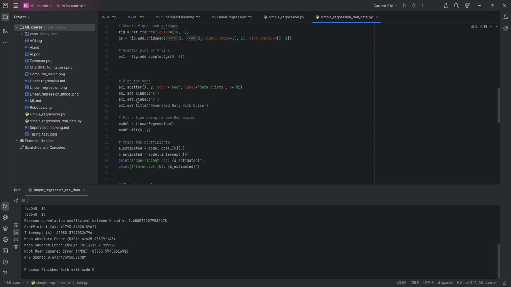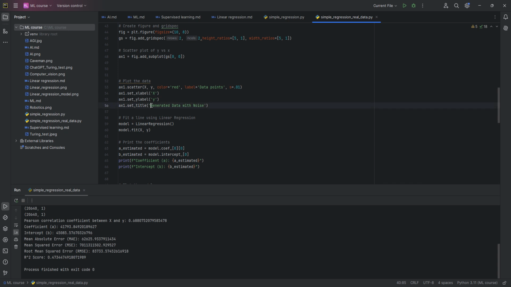So I'm gonna use the top left spot, which is indicated by 0,0, as AX1, and this AX1 is gonna be my plot for the scatter of data. As you can see here, with AX1, I do the scatter here, and I set the labels.